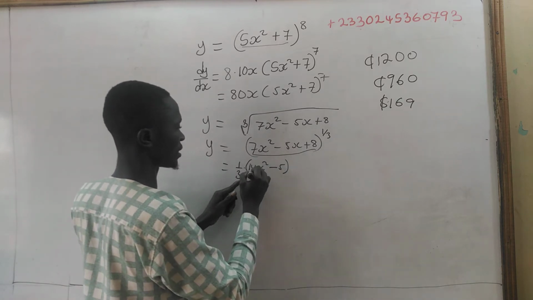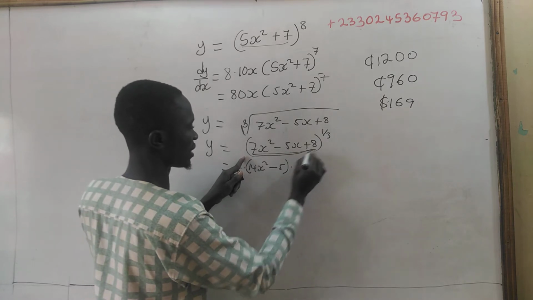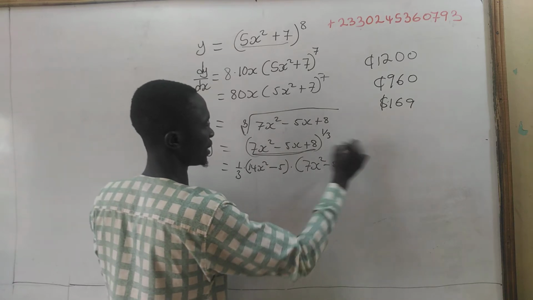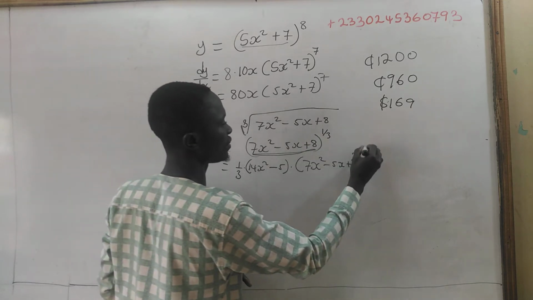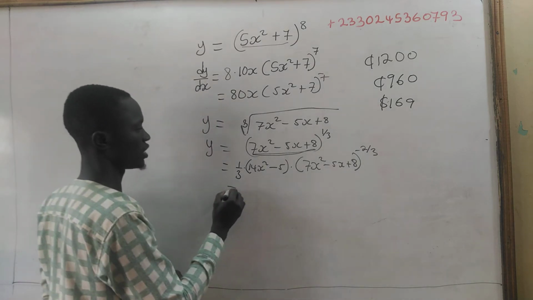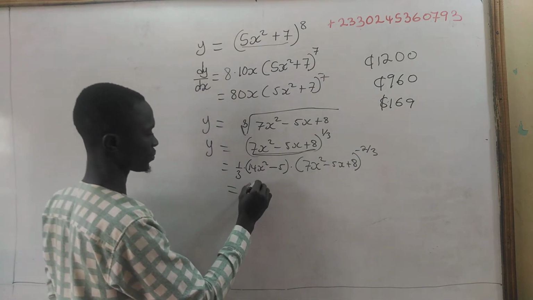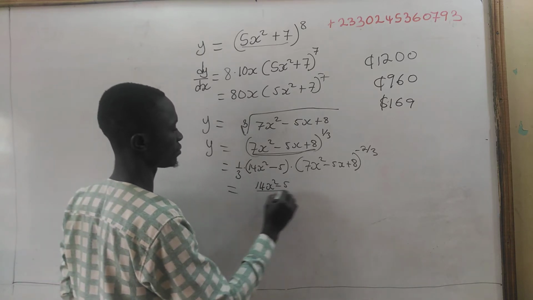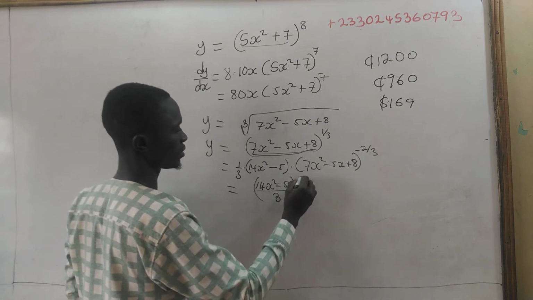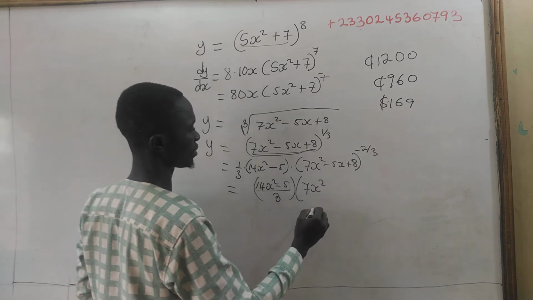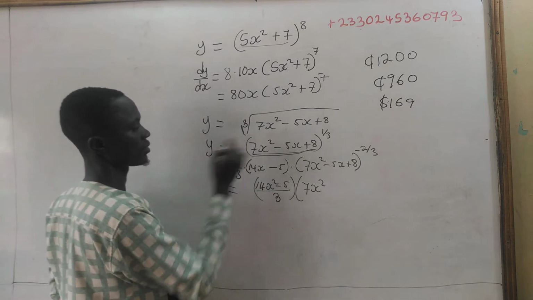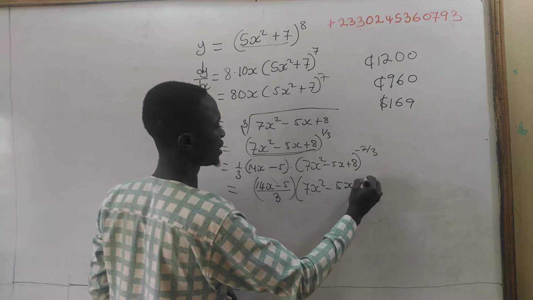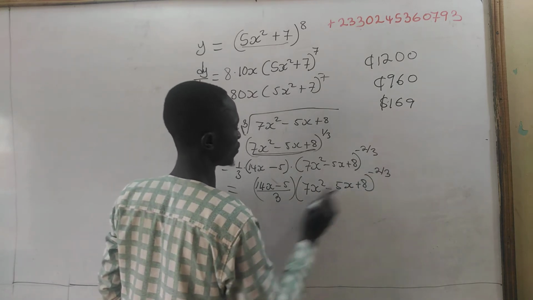So you put this in brackets, times the original function inside, so 7x squared minus 5x plus 8. Then you subtract 1 from the power to get negative 2 on 3. So this will give us 1 on 3 times (14x minus 5) times (7x squared minus 5x plus 8) all to the power negative 2 out of 3.